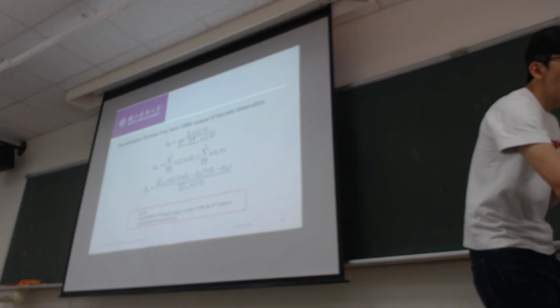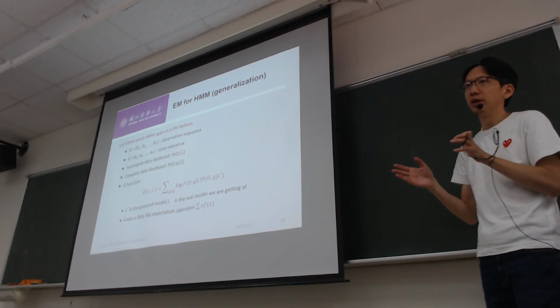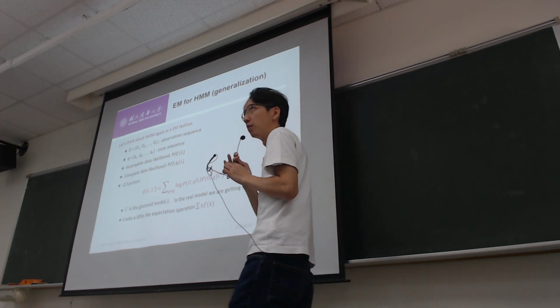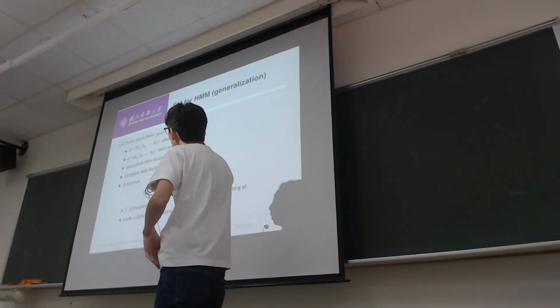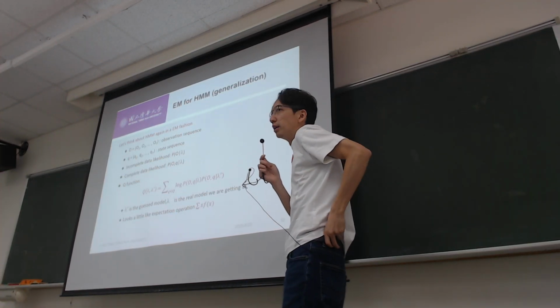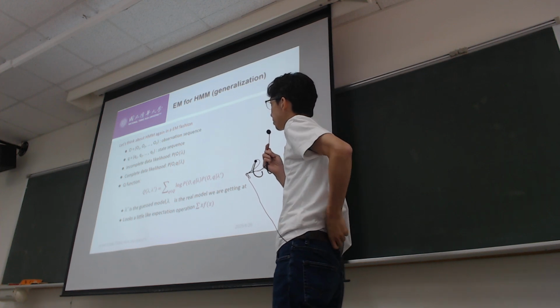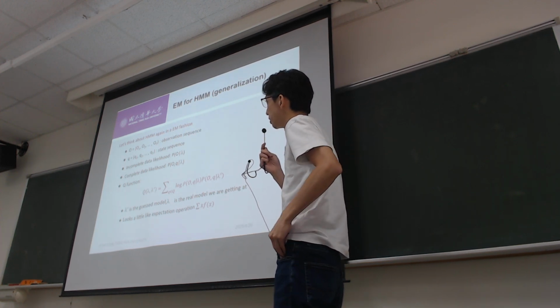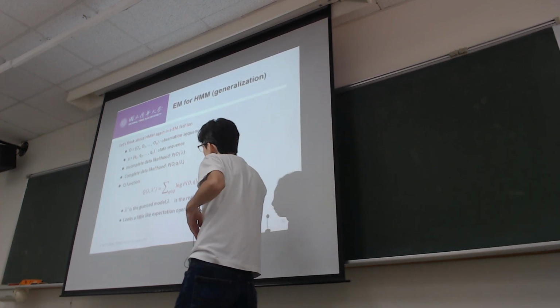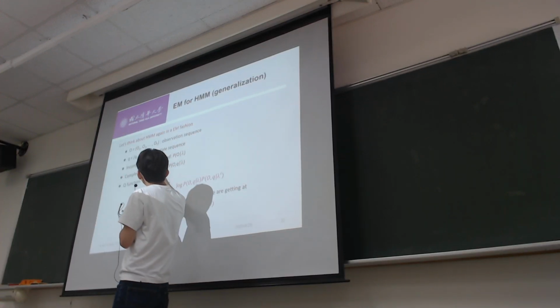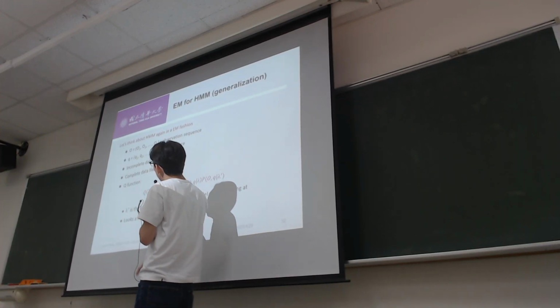Let's talk generally about this EM algorithm. We'll think about HMM again in an EM manner. The observation sequence is O, and Q is the state sequence. One thing we call the incomplete data likelihood is P of O given lambda. The complete data likelihood is P of O, Q given lambda.